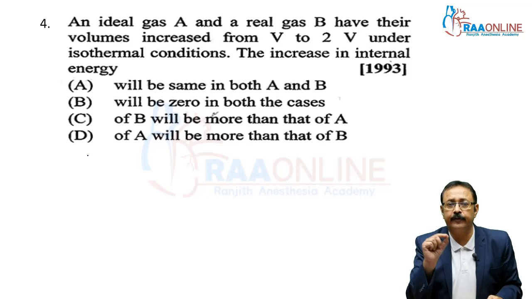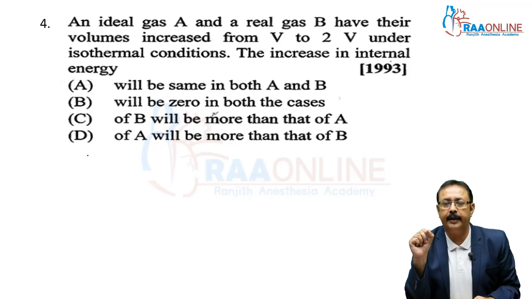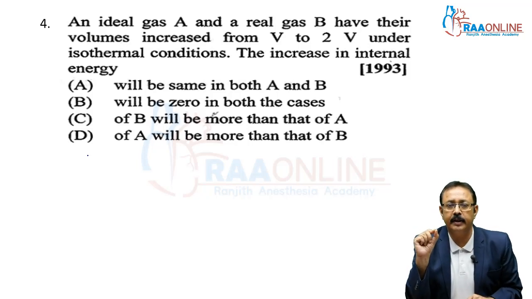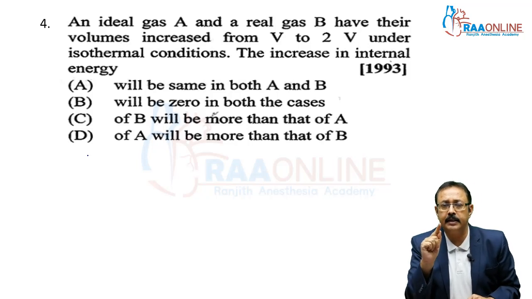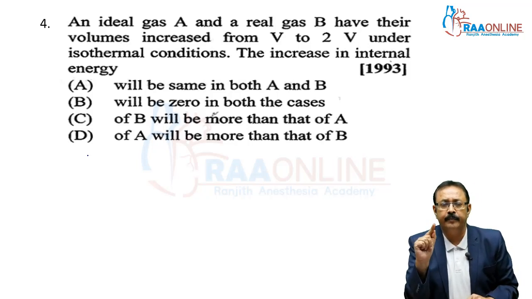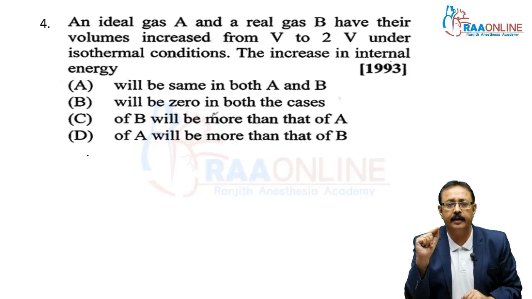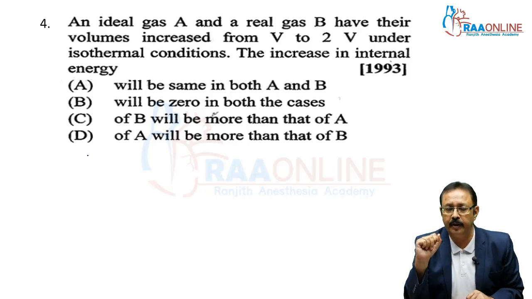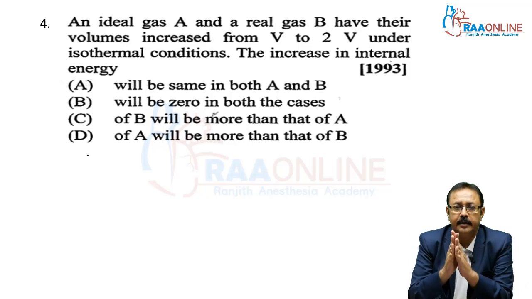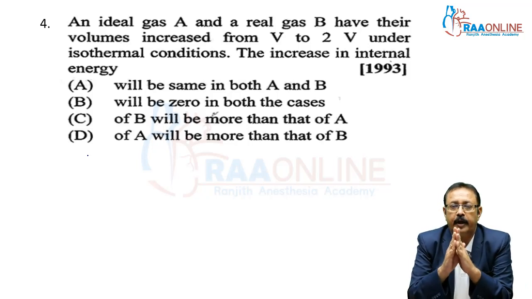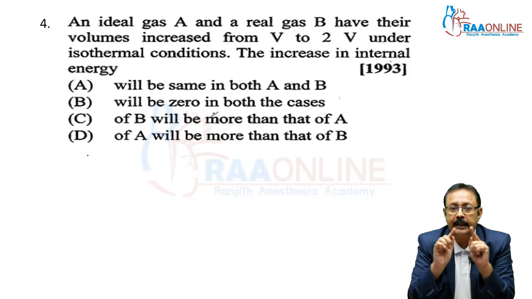Next, it is from 1993 AIPMT. What they are saying: an ideal gas A and a real gas B have their volume increased from V to 2V under isothermal condition. The increase in internal energy. I told you initially that internal energy is a function of temperature, but what we defined initially in theory was all for ideal gas.